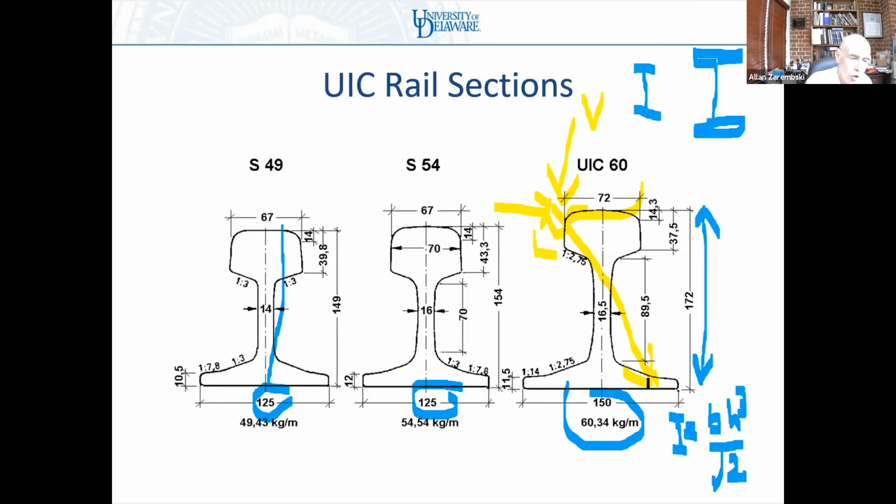And by the way, you'll see this throughout. For example, in the UIC world, UIC 60 is about as heavy a rail section as you're going to get, which is equivalent to 120 pounds per yard. In the heavy axle load world, rail sections go up to as much as 141 pounds per yard, which is 70 kilograms per meter.